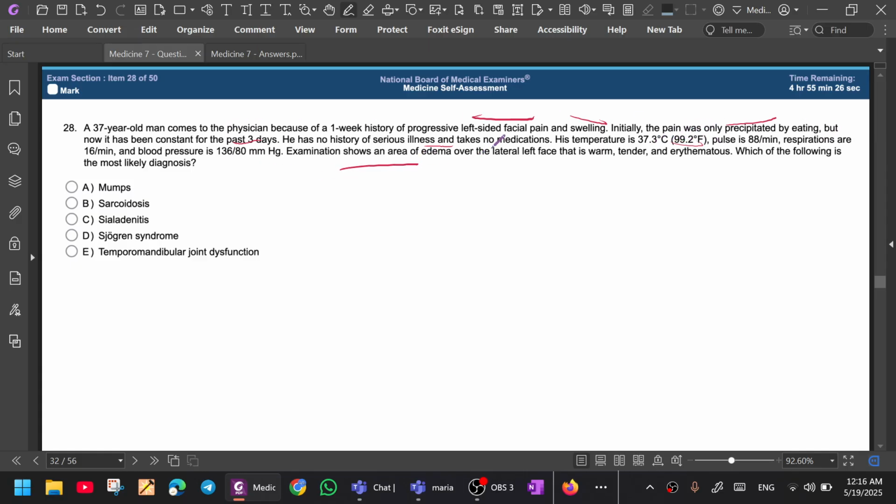Exam shows an area of edema over the lateral left face that is warm and red. Diagnosis?